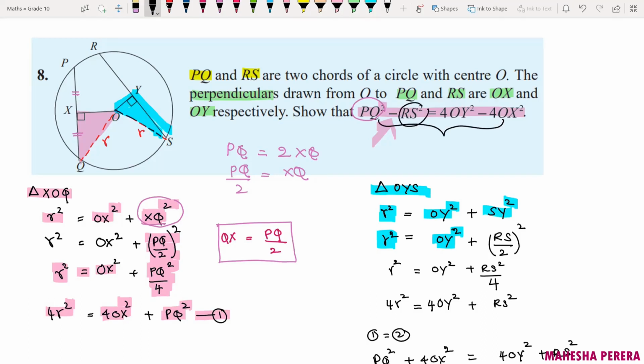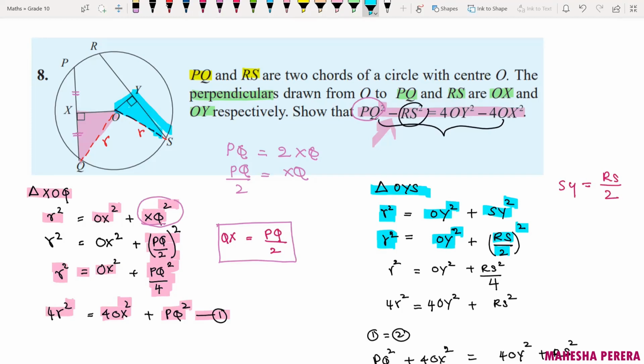There is a relationship between SY and RS: SY is exactly half of the whole chord RS. So instead of SY, I can write RS over 2 squared.